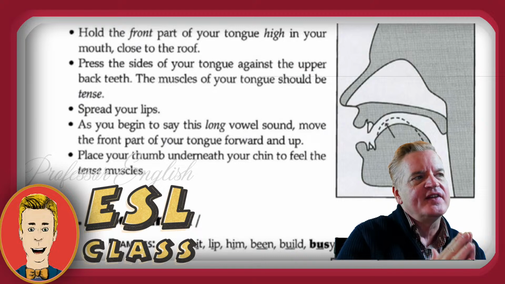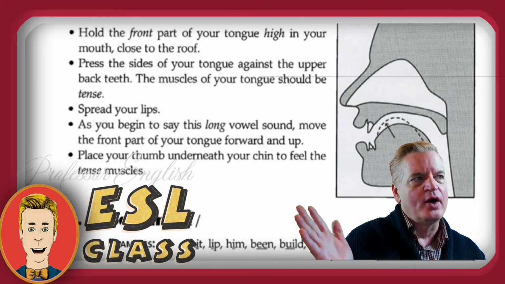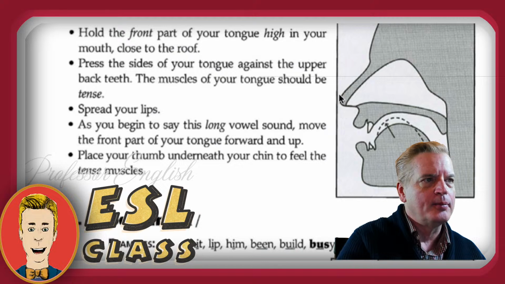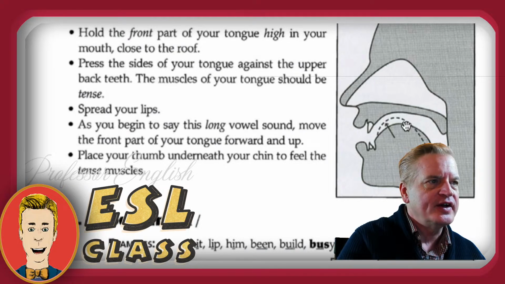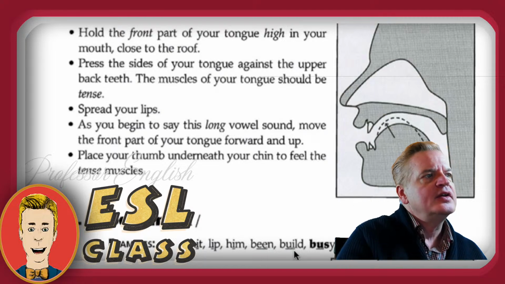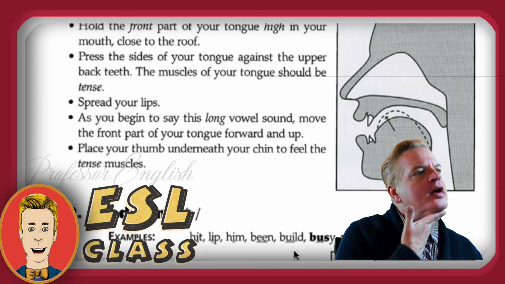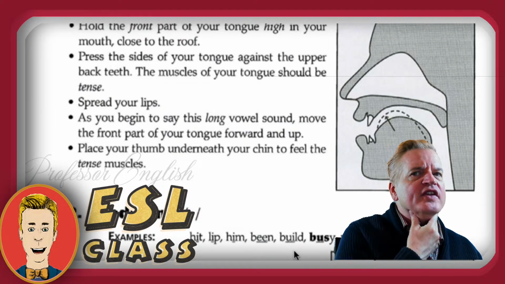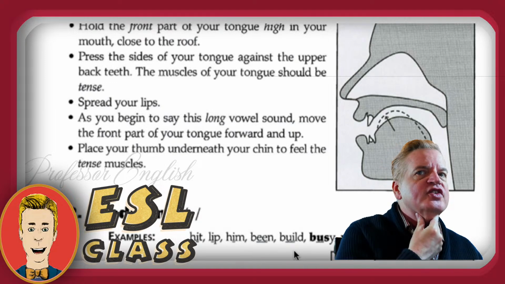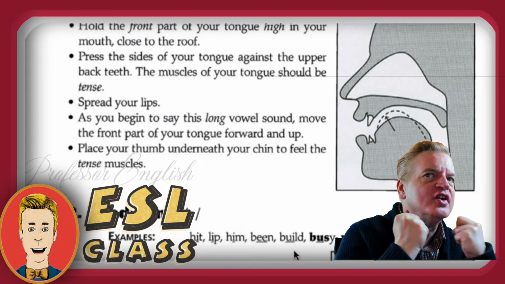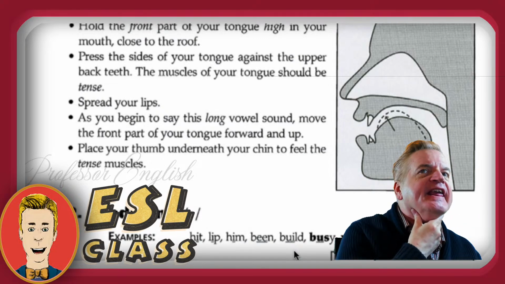As you begin to say this long vowel sound, move the front part of your tongue forward and up. You see that the tongue is starting right here. But then as you're saying the sound, you should move it up like this. Now it says place your thumb under your chin and feel the tense muscles. So when you're saying E, you should feel tension in your muscles right here.